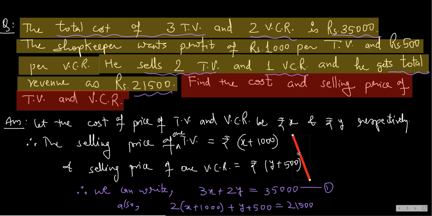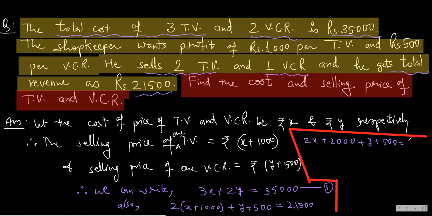So now your second equation will be ready in a while. Therefore, let me solve this further. I get 2x + 2,000 + y + 500 = 21,500.